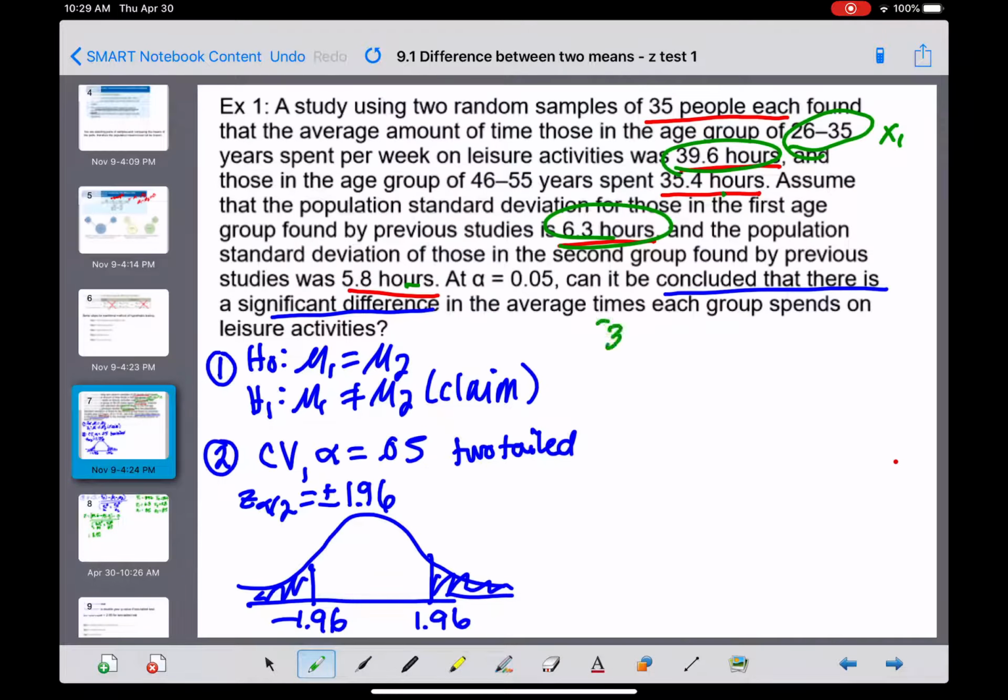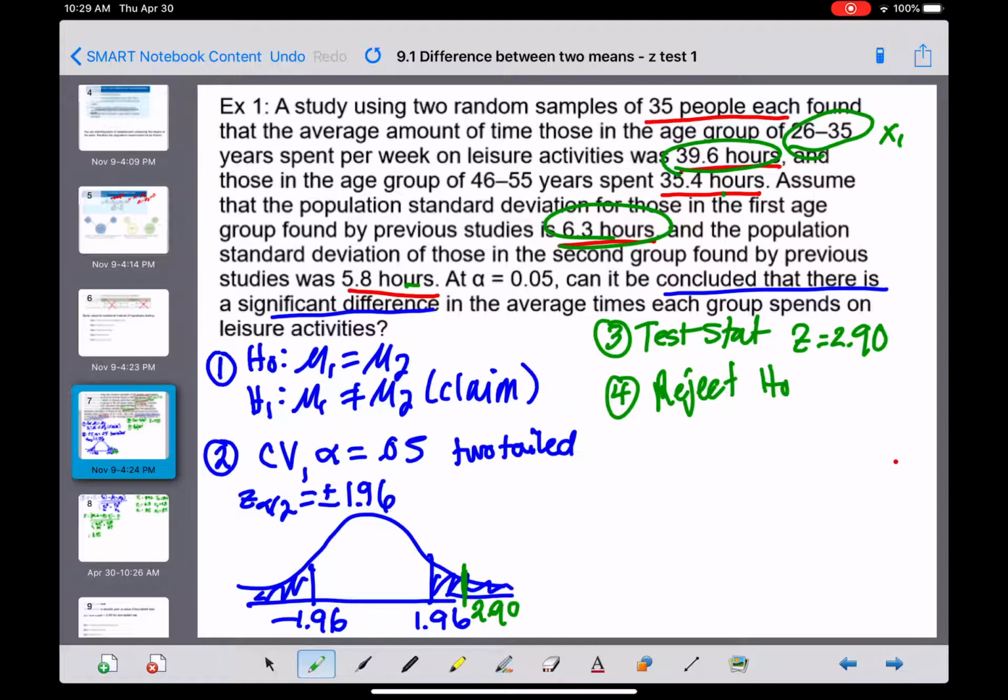Step 3, our test statistic is z equals 2.90. 2.90 is falling in the rejection region, so we are going to reject H naught because 2.90 is greater than 1.96. It's in the rejection region, the shaded parts in the tail.